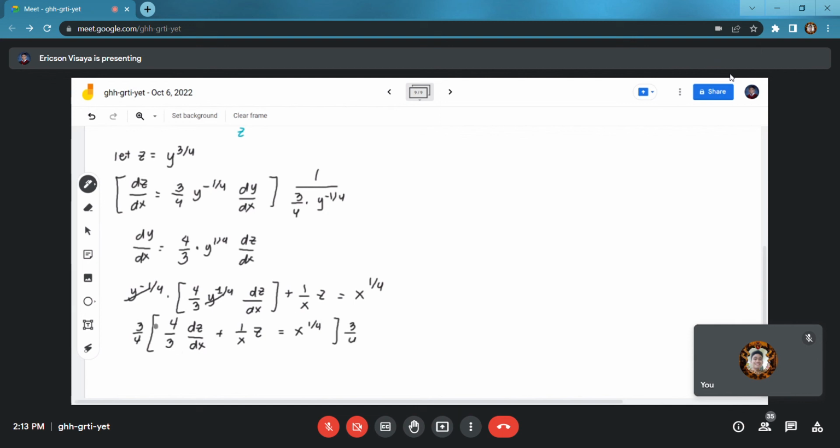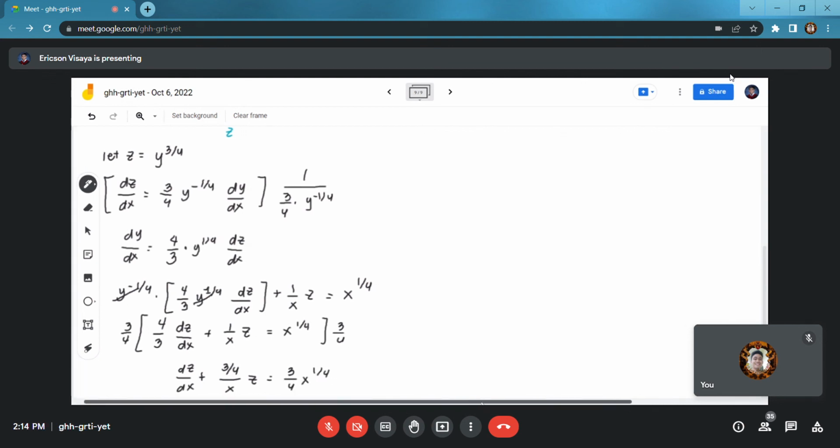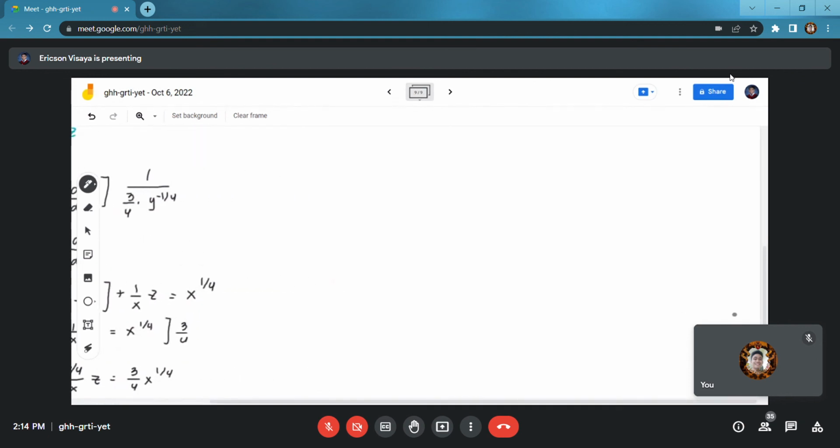So bali dz over dx plus 3/4 over x z is equal to 3/4 x raised to 1/4. Bali, na-reduce na natin siya sa kanyang LDE.